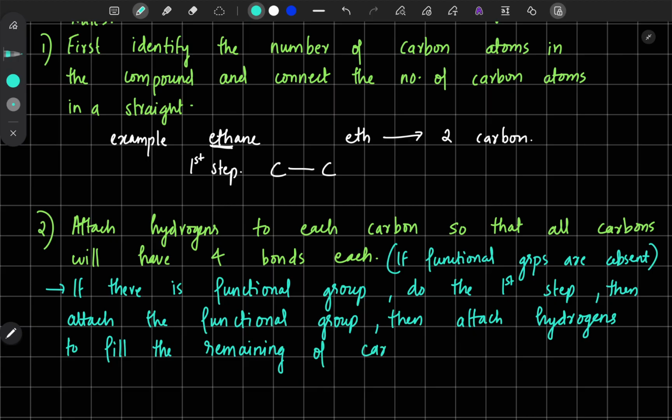When we do examples you will get more clear, just understand it.